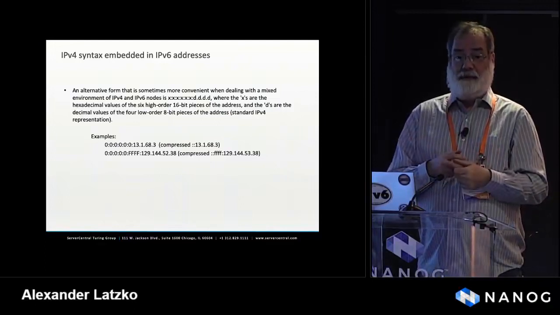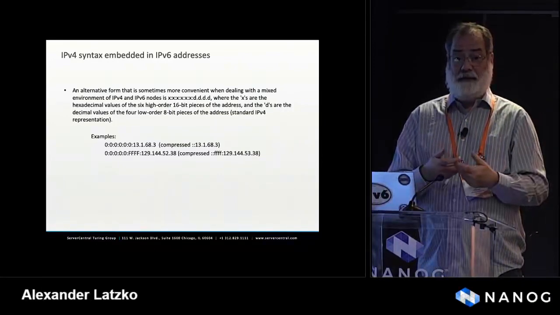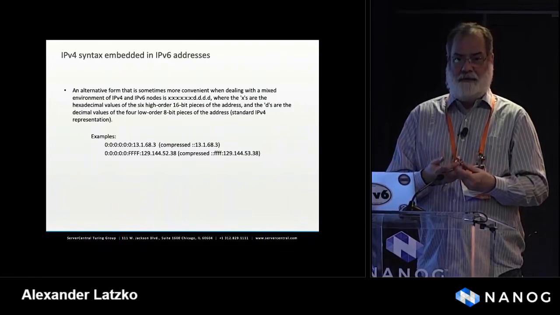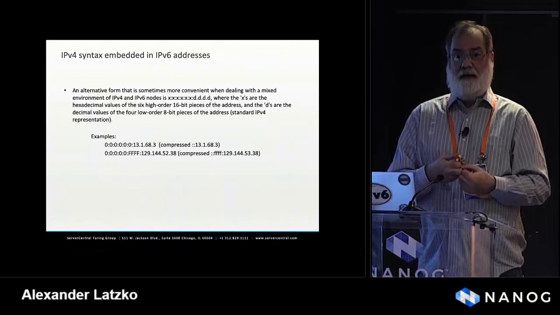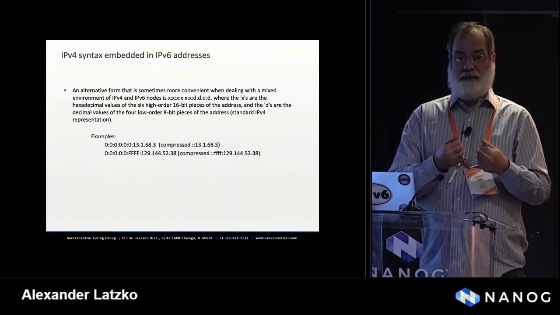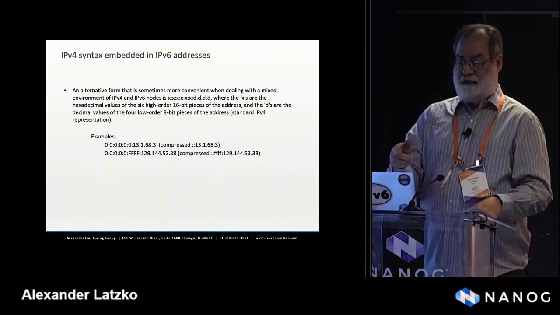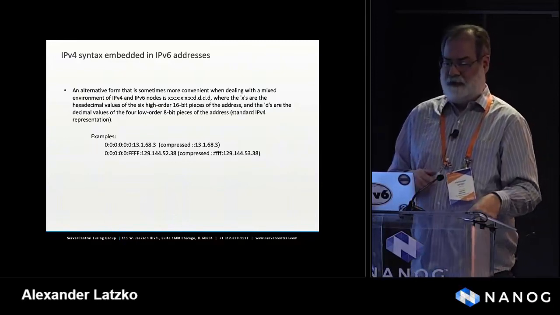Very often used by people who are adding IPv6 to an existing IPv4 backbone and for whatever reason don't want to do a proper IPv6 address matrix. Or if you want to use the IPv4 address as an index, you can do it. The compressed ::ff is used for v4 v6 routing. You'll see that fairly often.